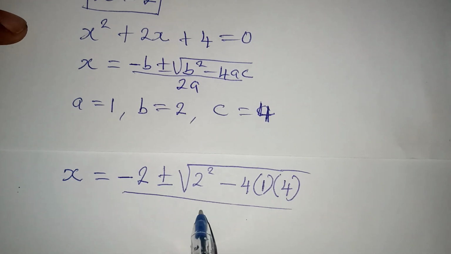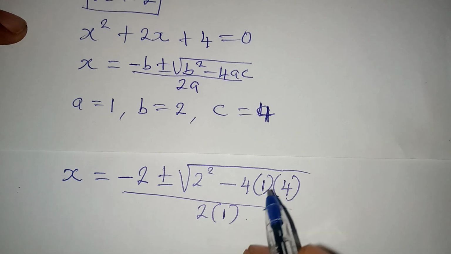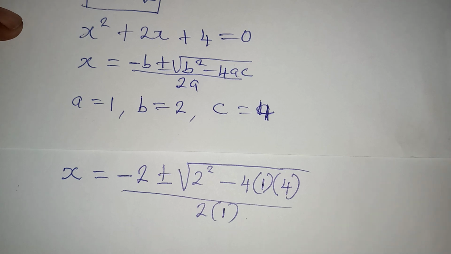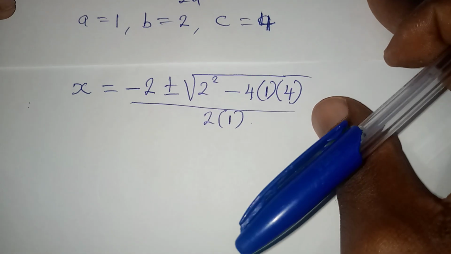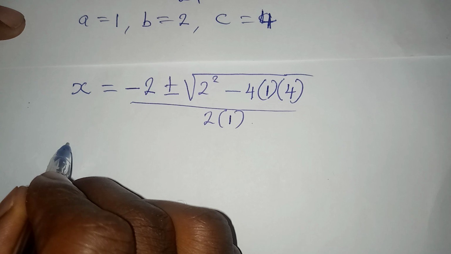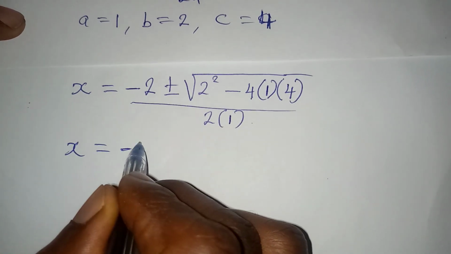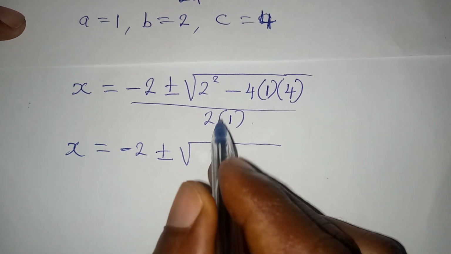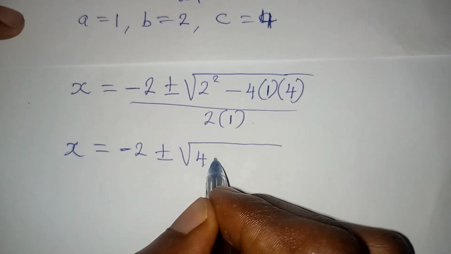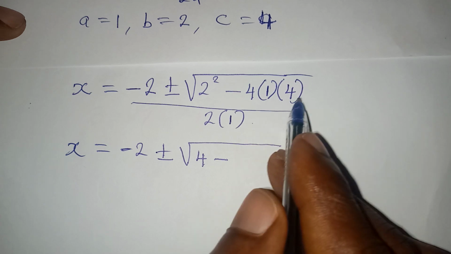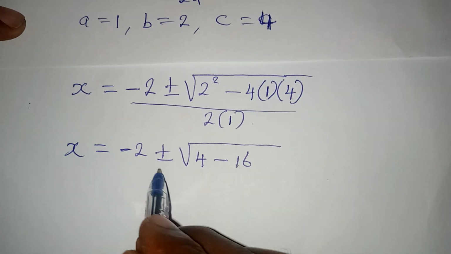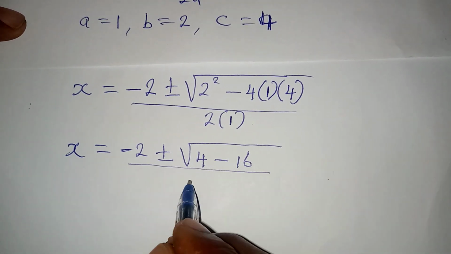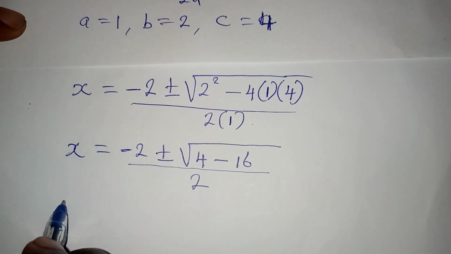This is going to be over 2 times 1 because a is 1. Now this is very simple. The next step is x equal to minus 2, positive or negative, square root of 2 squared, which is 4, then minus 4 times 1 times 4, which gives 16. This is over 2.